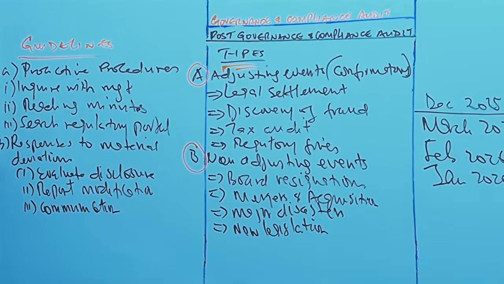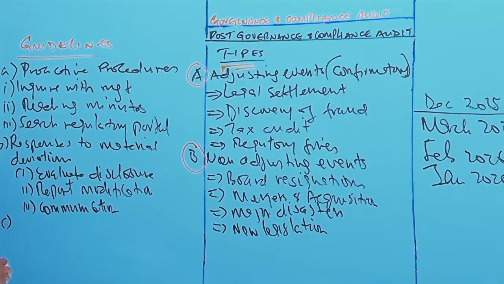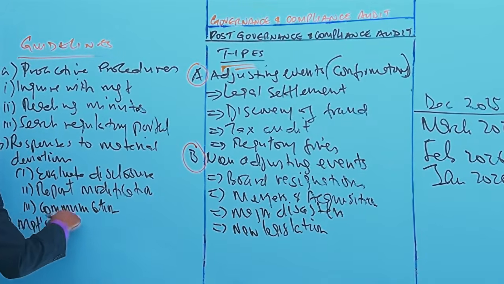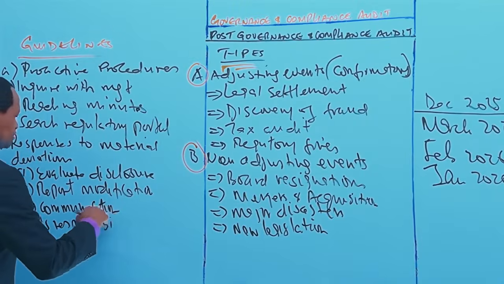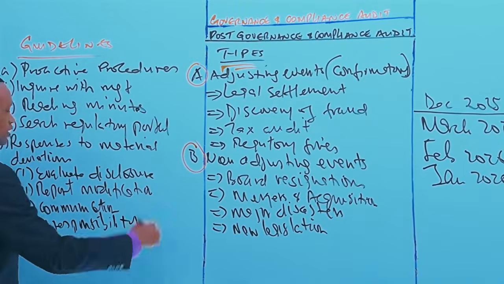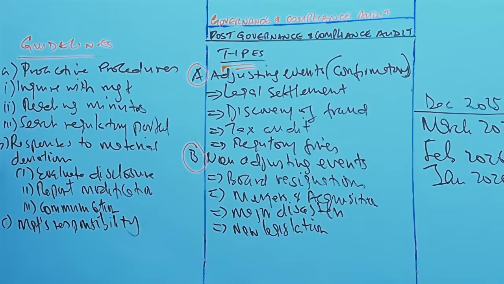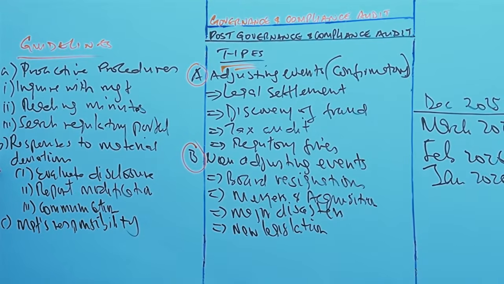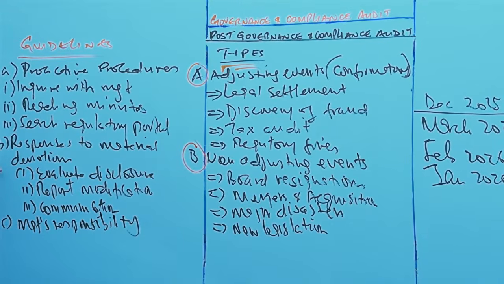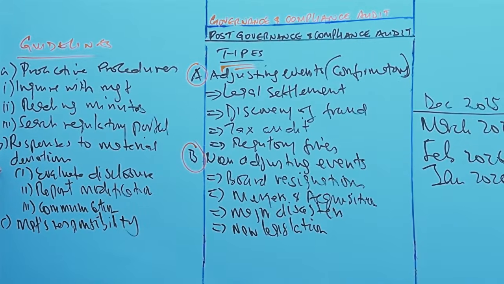Then, of course, another guideline would be in relation to the responsibility of management. Management's responsibility. What is the management's responsibility when it comes to subsequent events? Now, under the ICS governance standards, the responsibility to keep the auditor informed rests with management.